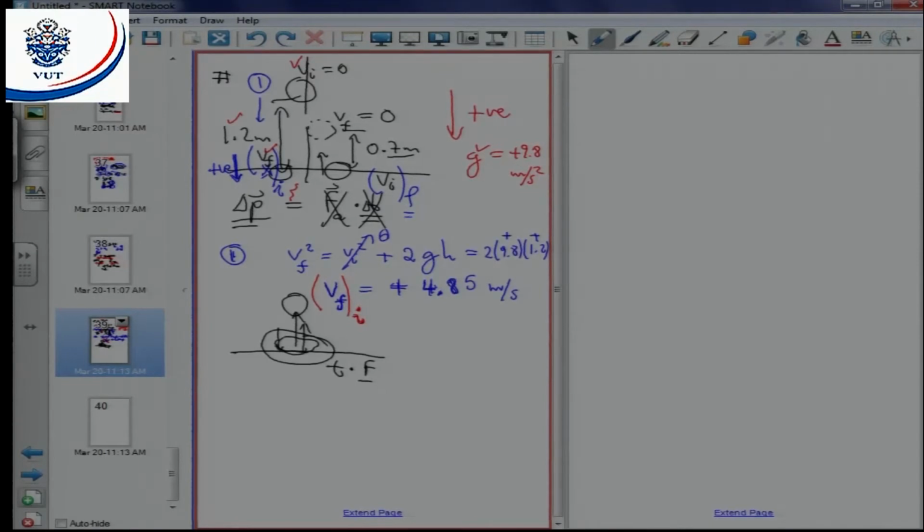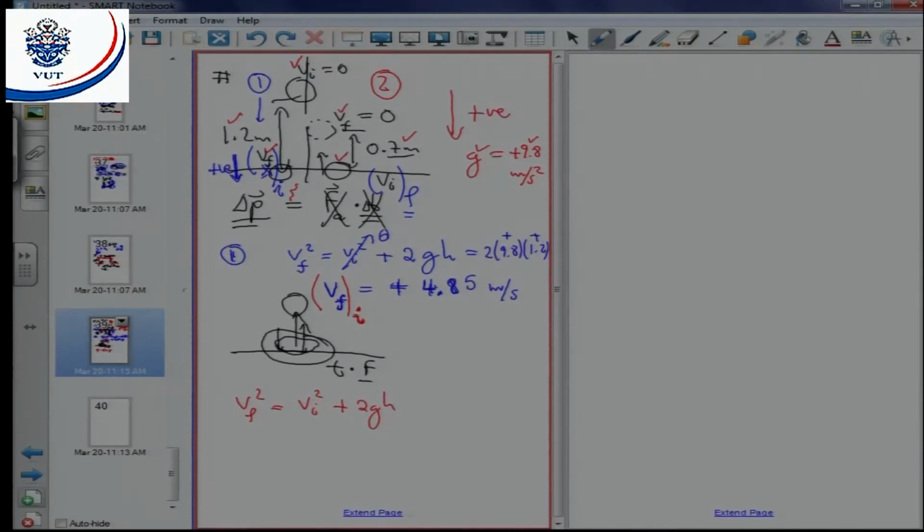Now we are going to look at part 2. For part 2, we know the final speed is 0, we know the height is 0.7, we know g, and we want the initial speed. So again we use Vf squared equals Vi squared plus 2gh.